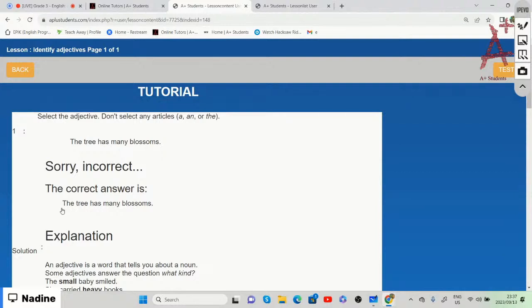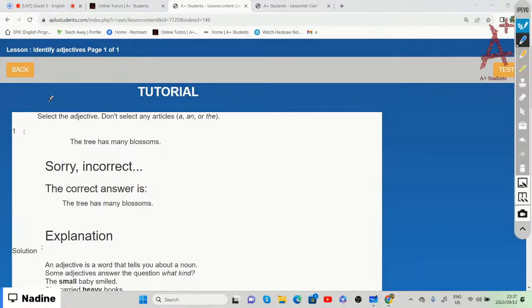All right, so if we select the adjective within that sentence, we're going to select many. And many is the adjective that tells us how many blossoms. It has many blossoms, so it tells us how many blossoms.